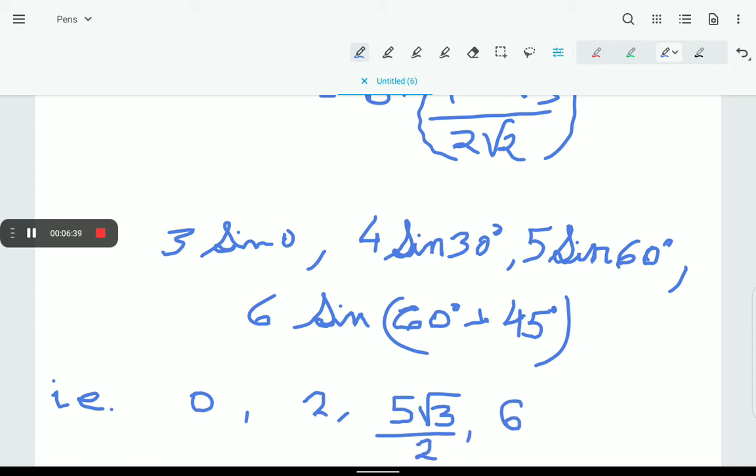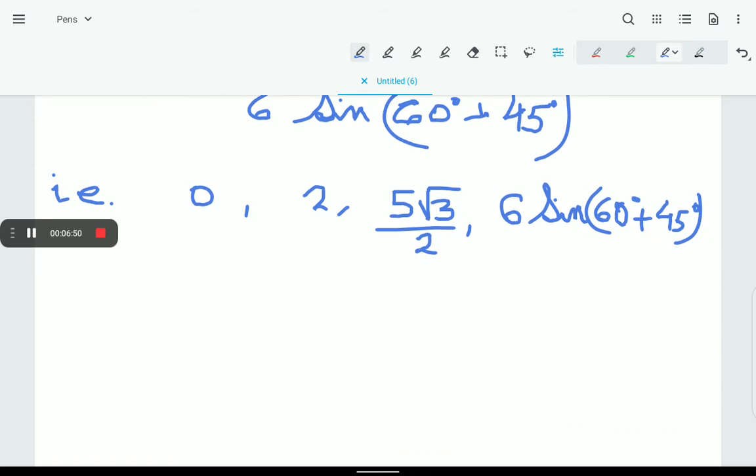Lastly, sine 60 degree plus 45 degree, let's compute it. What is that?